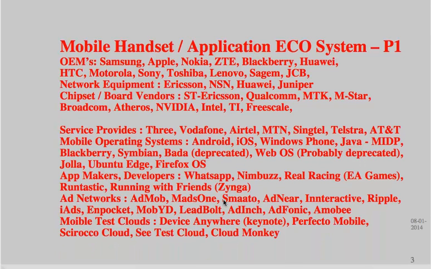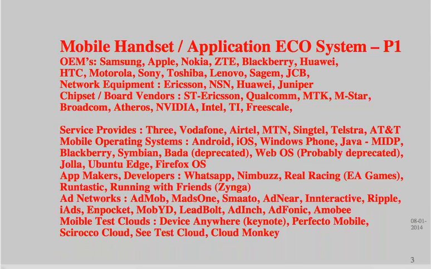Then ad networks. In order for app makers or developers to make money, they have to display advertisements in their mobile apps. So ad networks like AdMob was an independent company, and Google purchased it, and then Mats, one Smarto, and AdNear, a location based advertisement company from Bangalore, India.